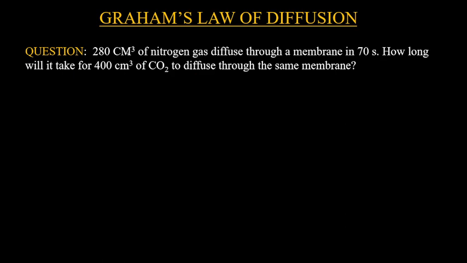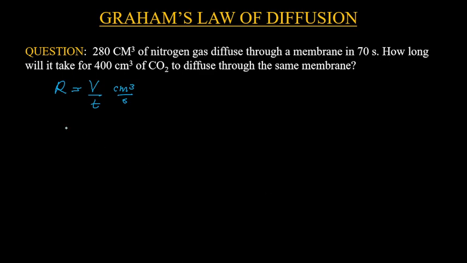We know the volume of carbon dioxide, but we don't know the time it takes to diffuse, and that is what we are trying to find. But before we continue, let's remember that the rate of diffusion is equal to the volume of the gas diffusing per time, so it may end up being cm cube per second, or whatever unit of volume you use.